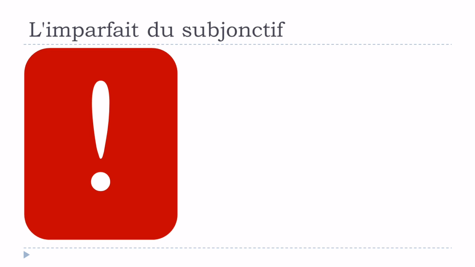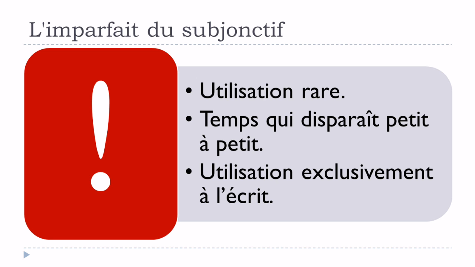You have to keep in mind, when we talk about l'imparfait du subjonctif, actually three things. The first one will be utilisation rare. So it means that it is really rare to see l'imparfait du subjonctif. The second thing, un temps qui disparaît petit à petit. So little by little, it is less and less used. And the last thing, utilisation exclusivement à l'écrit.